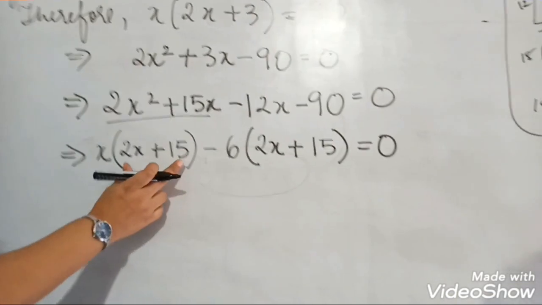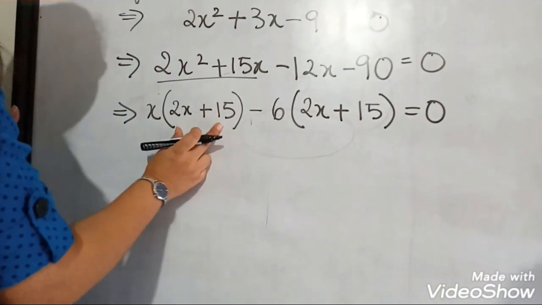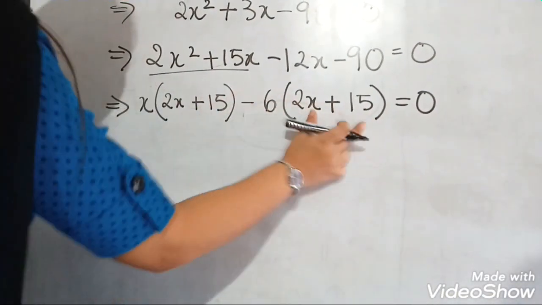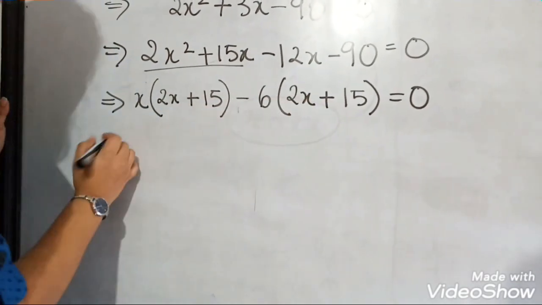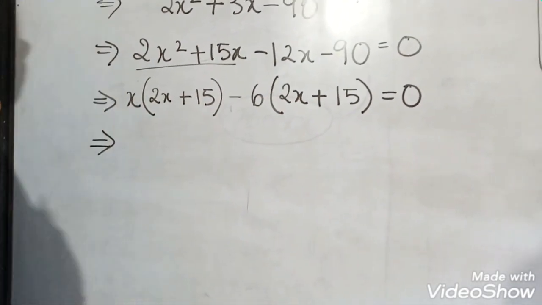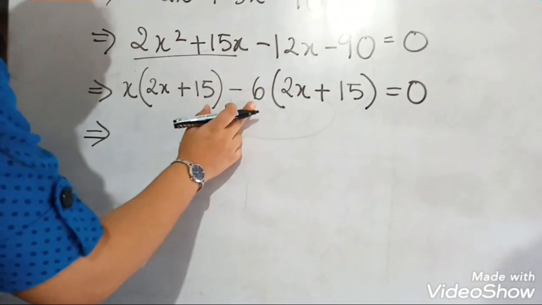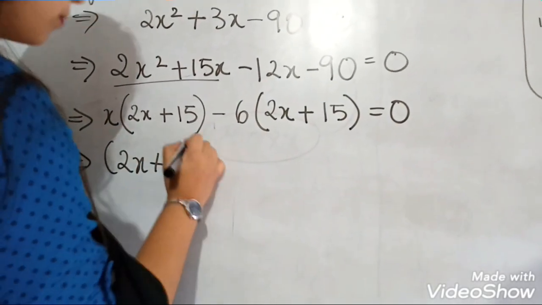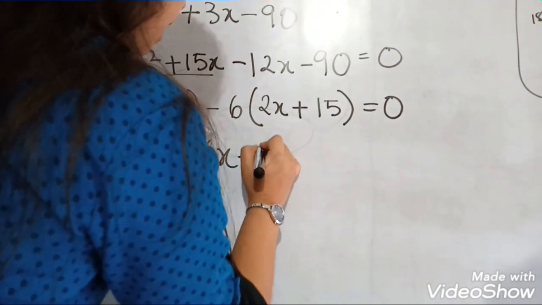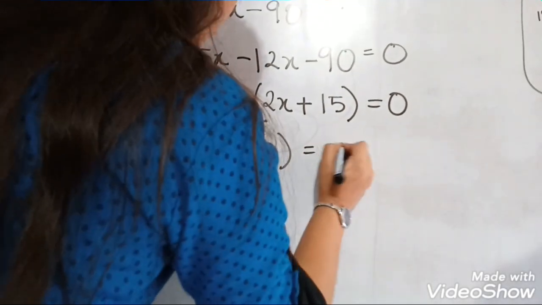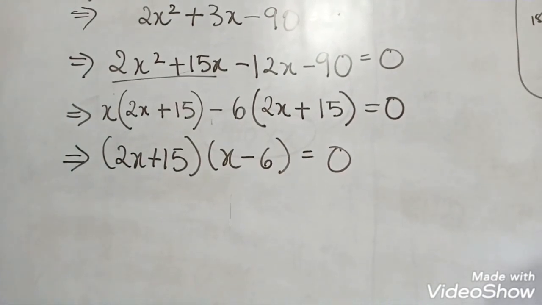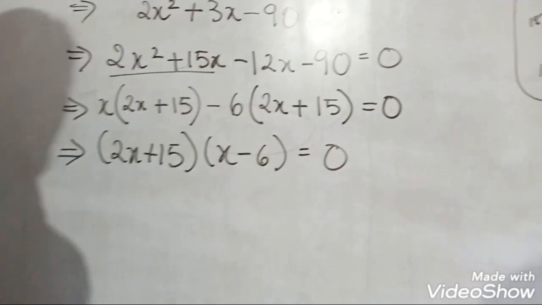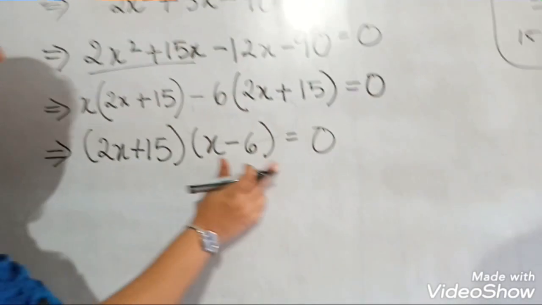Now I have the two terms common, 2x plus 15, in both places. So over here I am going to take 2x plus 15 as common and x minus 6 in one bracket. So 2x plus 15 times x minus 6 equals 0. Now we are going to have two roots of this equation.